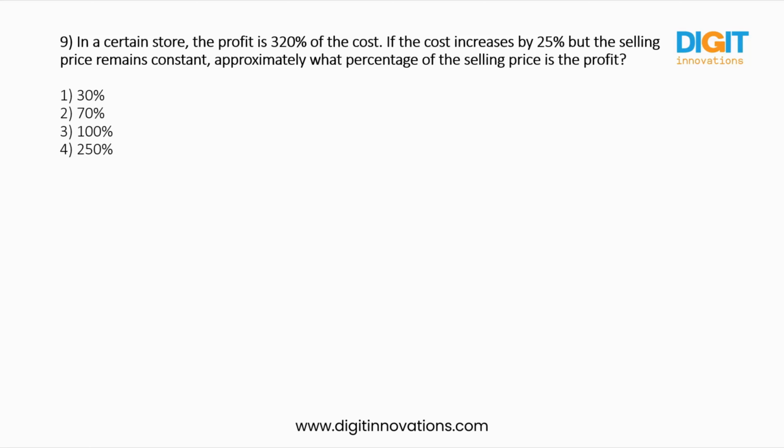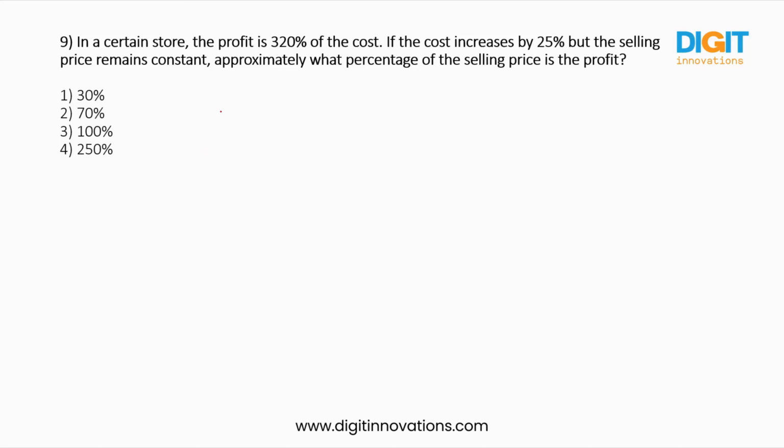So whatever the cost price is, he got a profit of 320% on the cost price. And the cost, for example, if X is there previously, then it got increased by 25%, but the selling price remains the same. Approximately what percentage of the selling price is the profit? They're asking.